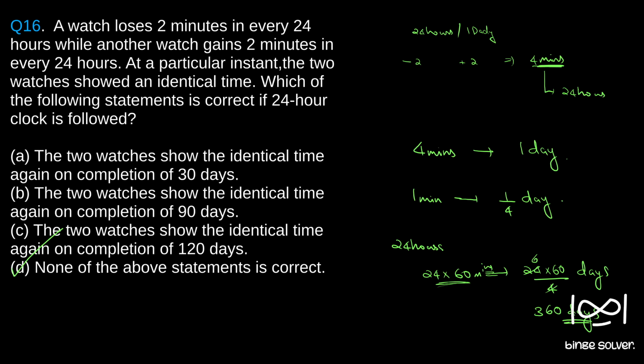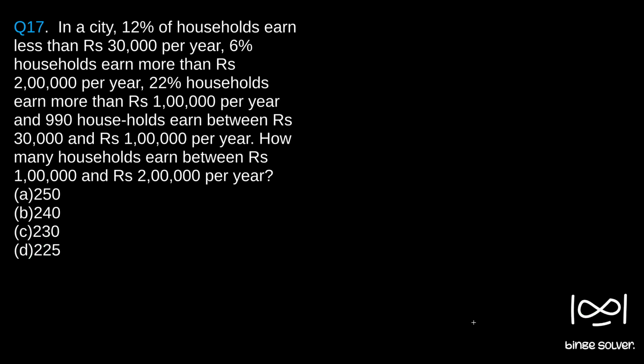Next question, question 17. In a city, 12% of households earn less than 30,000 per year, and 6% households earn more than rupees 2 lakh per year. 22% households earn more than 1 lakh per year, and 990 households earn between rupees 30,000 and 1 lakh.